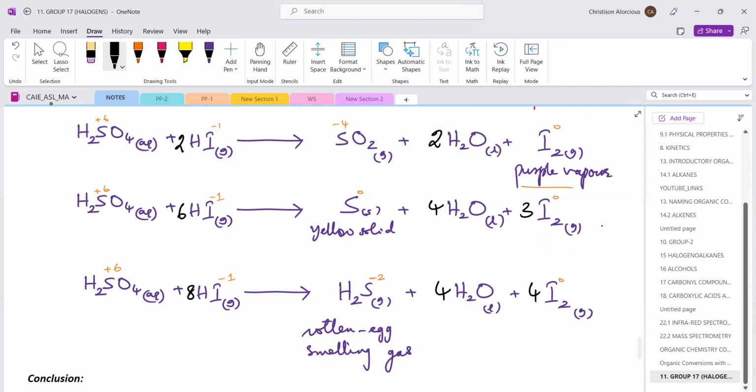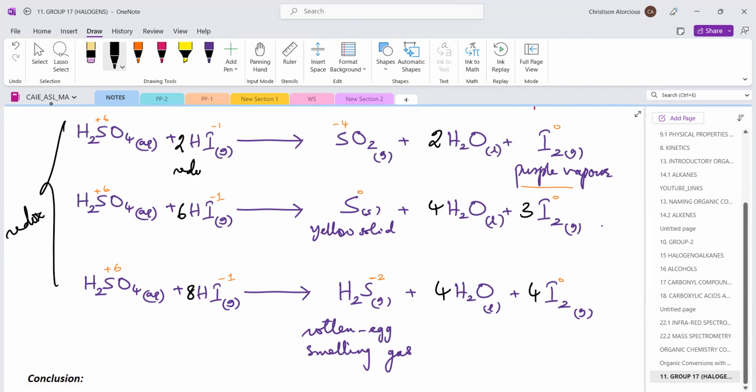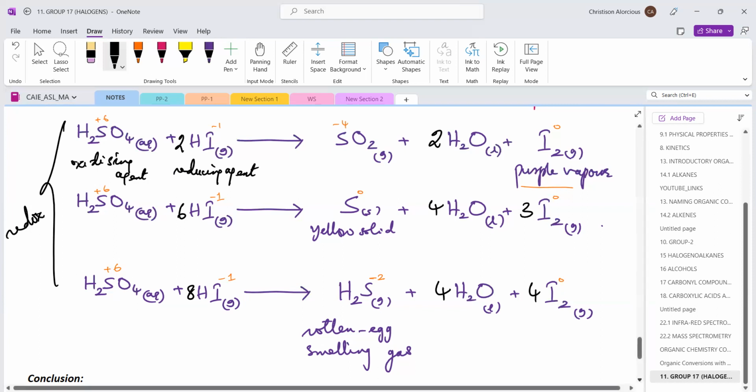So we understand that in all these 3 redox reactions, the I- is acting as the reducing agent, which means the sulfuric acid is the oxidizing agent. That's a different story. But the focus is not on the sulfuric acid here. The I- is acting as the reducing agent.